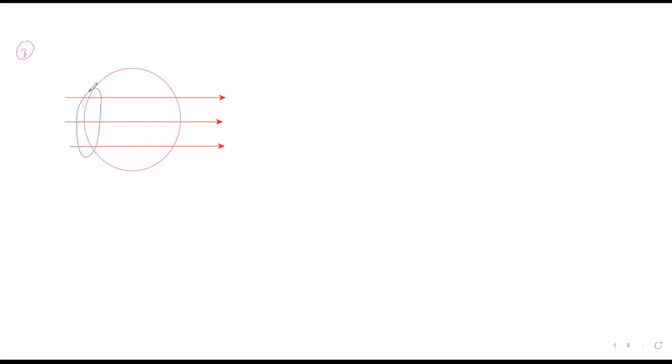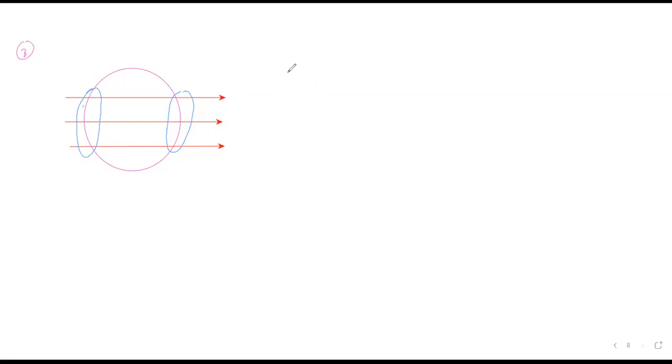For this part of the area, the flux is inward. Are you clear or not? And for this region, your flux is outward. Hence, we can say the flux in is equal to flux out.